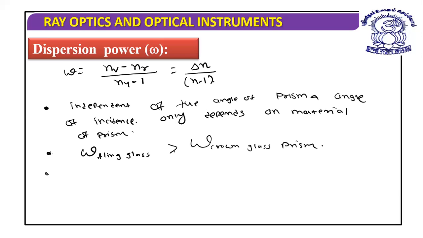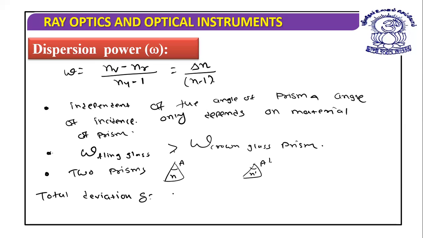If two prisms of angle A and A dash, of refractive indices n and n dash, are placed together, how can we find the total deviation? We have two prisms, one of prism angle A and another of prism angle A dash, with refractive index n and refractive index n dash. So the total deviation will be delta equals delta 1 plus delta 2.